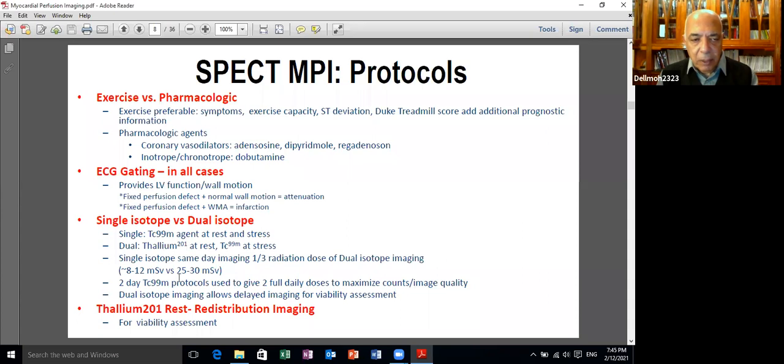Now, it's important to realize that thallium is the only tracer that is being used for viability assessment. And why is that? Because of the phenomenon of redistribution. So let me explain what's meant by redistribution for thallium. Thallium is an analog which is present in the periodic table in the exact position, exact column, like potassium. So the cardiomyocytes think that thallium is potassium.